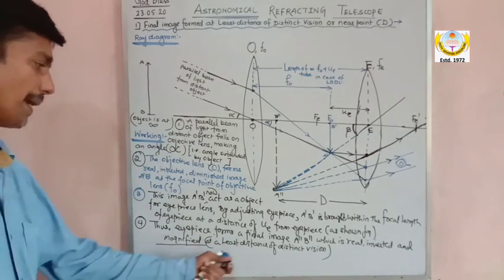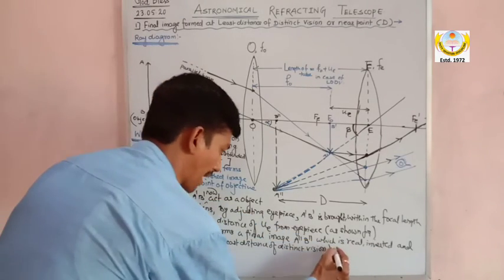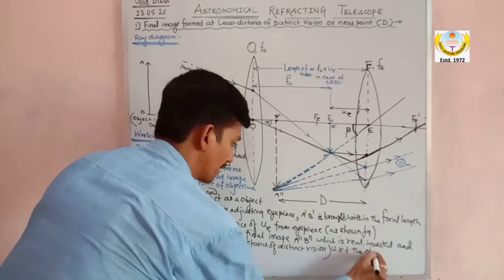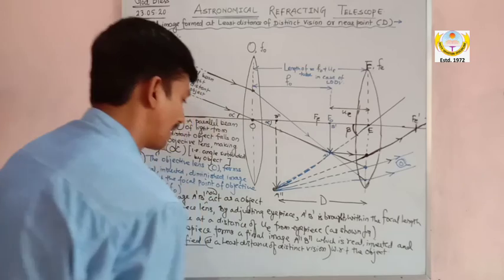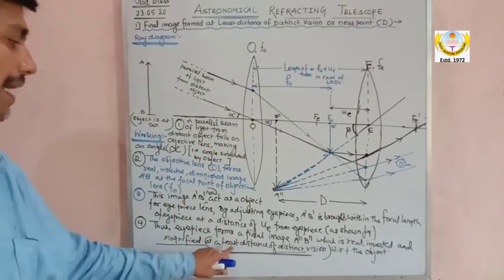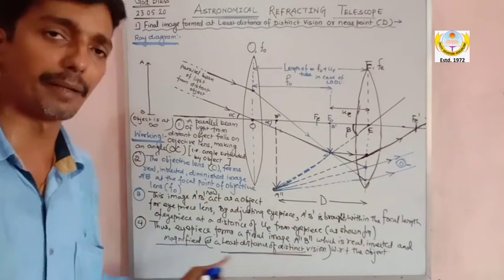This I have written in brackets, to show where the image is formed. The image is formed at the least distance of distinct vision, and this image is real, inverted and magnified with respect to the object.